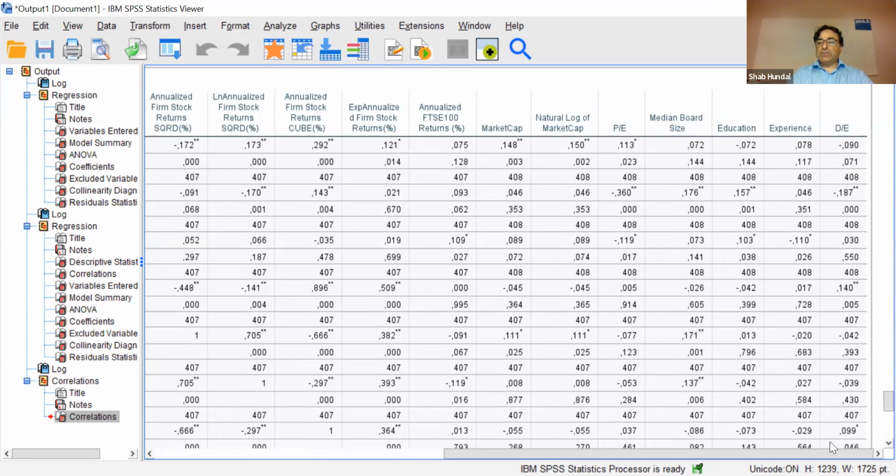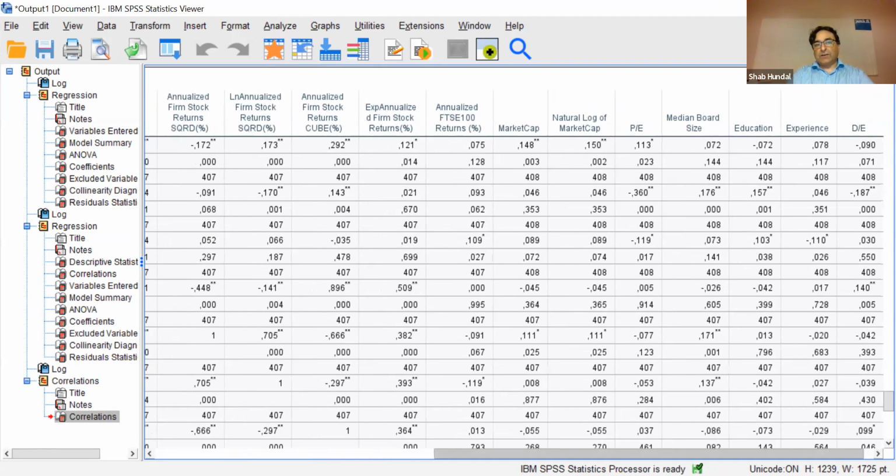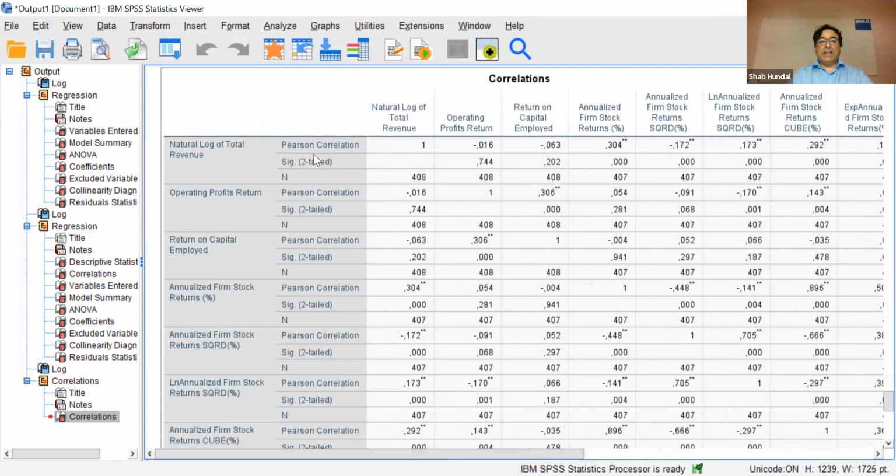But when we see the correlation between X and the other X variables, we see that all our independent variables are highly correlated with the natural log of total revenue. It means that when it comes to the natural log of total revenue as an independent variable, there may be the problem of multicollinearity.